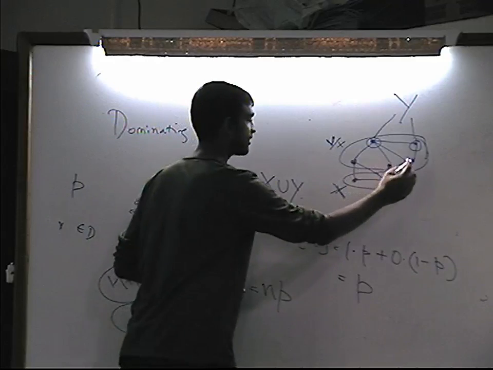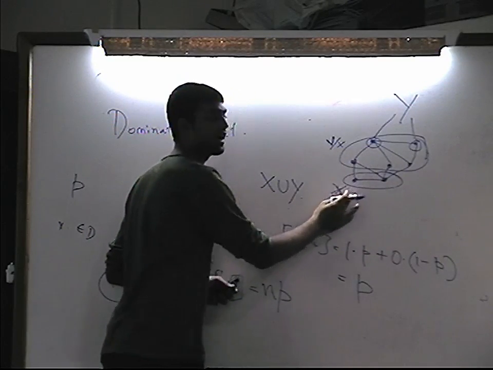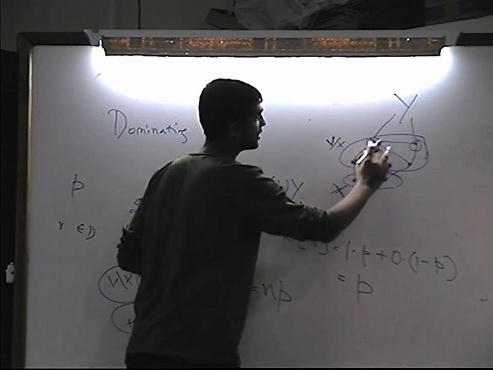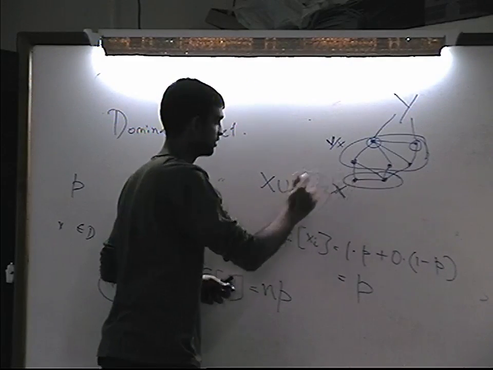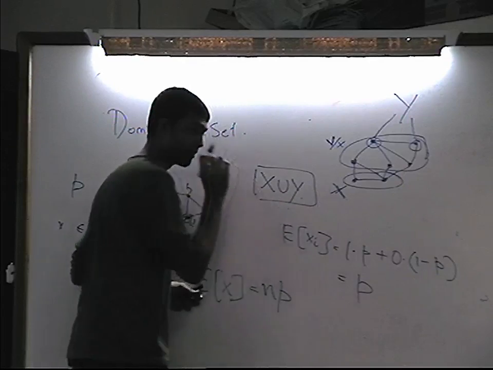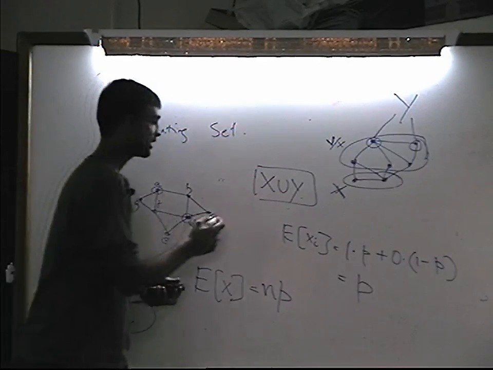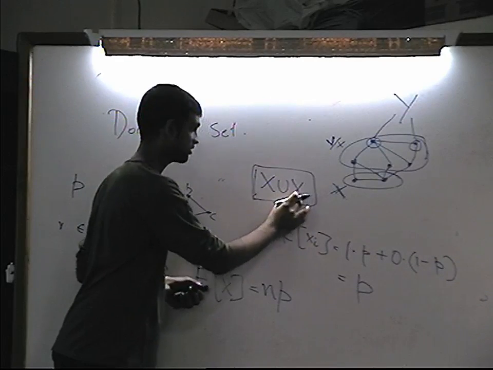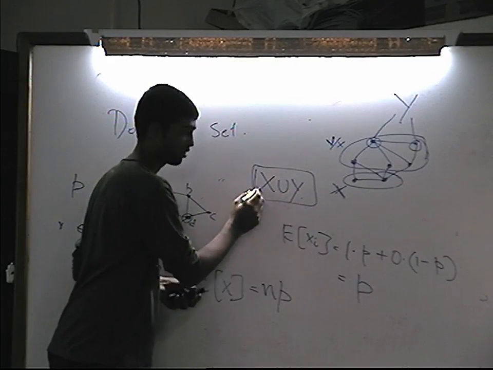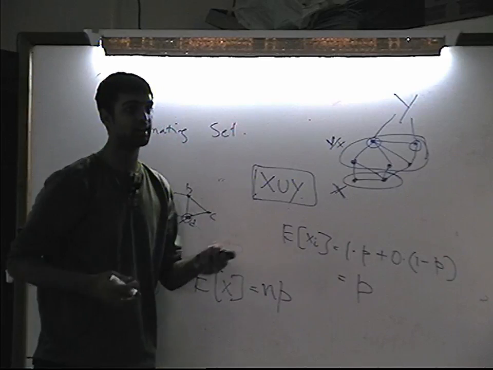If we look at the neighbors of X, we are not adding them. We are adding only those vertices which are not the neighbors of X, right? So X union Y must form a dominating set, because we are adding those vertices which are not neighbors of X. So we are covering all vertices here.